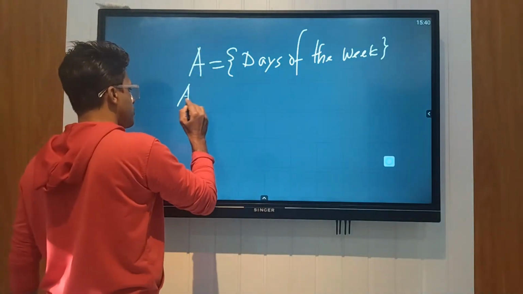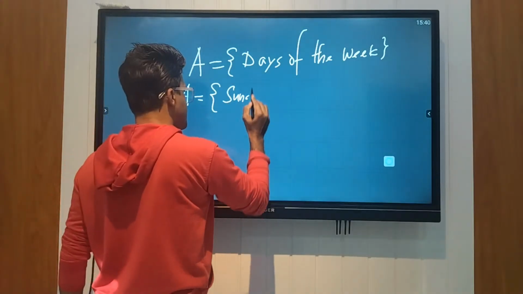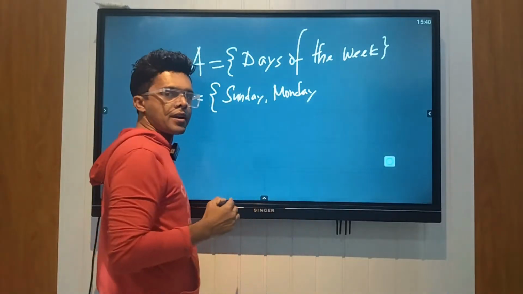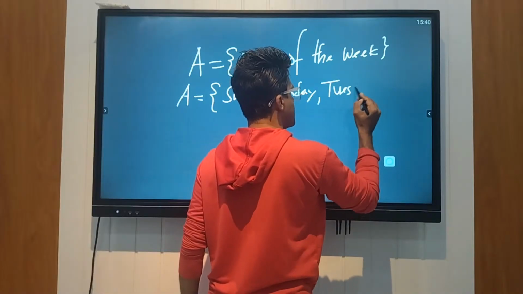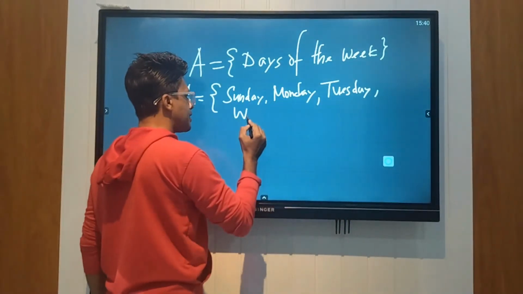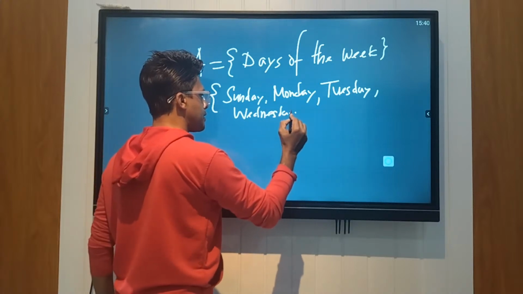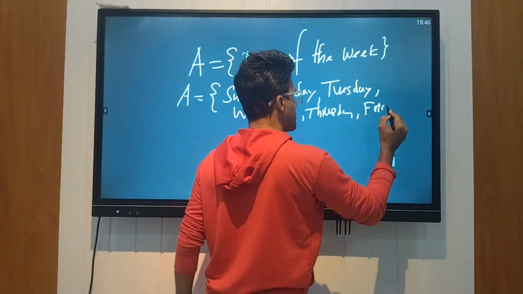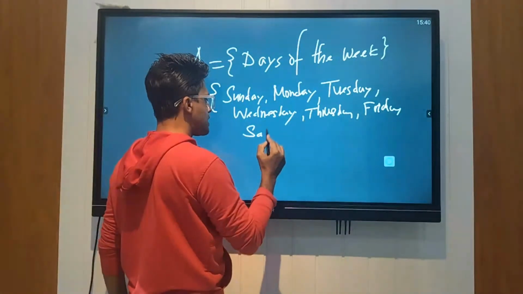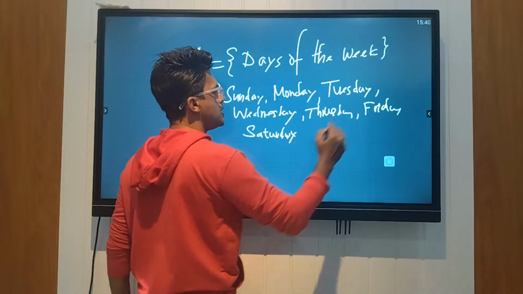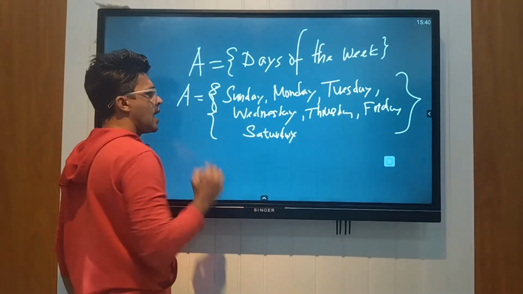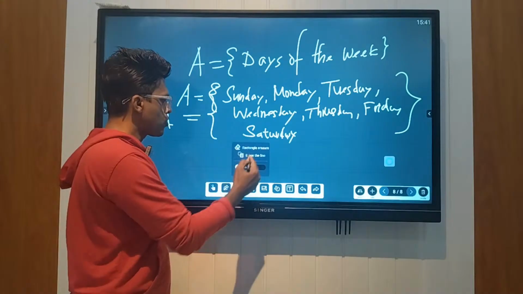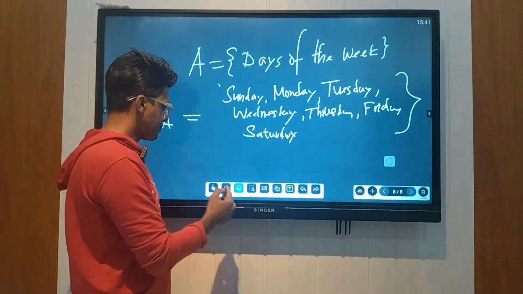What are the elements? Days of the week: Sunday, Monday, Tuesday, Wednesday, Thursday, Friday, and eventually Saturday should also be considered as an element of the set A. Okay, this is the set A. According to your willingness, you could write the elements of the set A here.